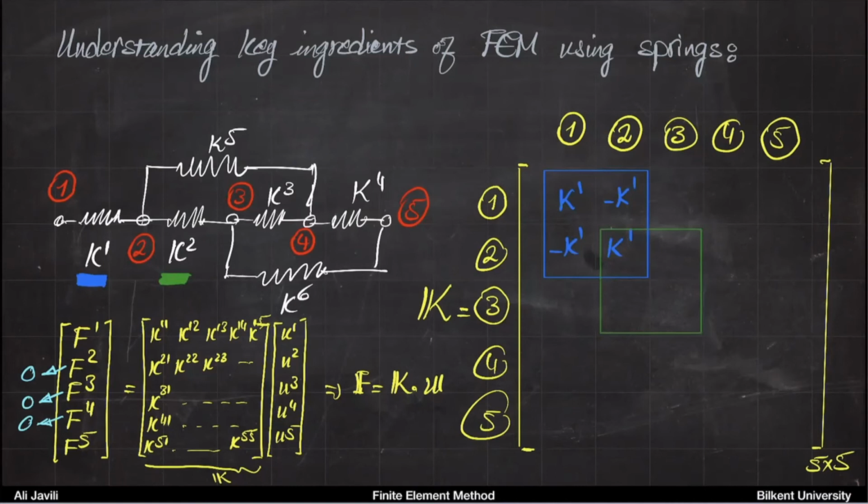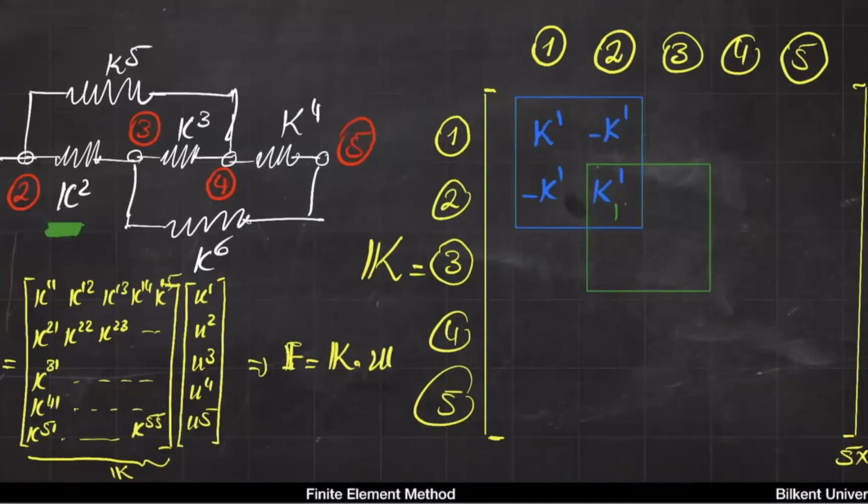Okay, so now you need to do that. So basically, if you add that square, you would have K2 minus K2 minus K2 and K2.